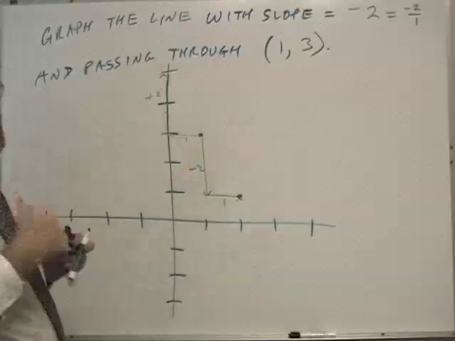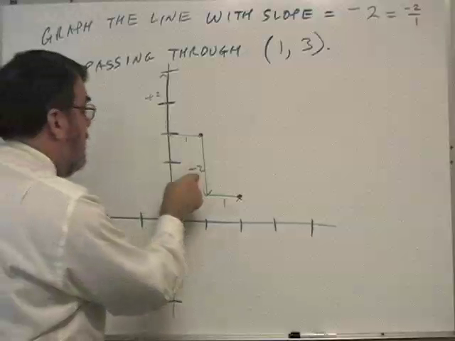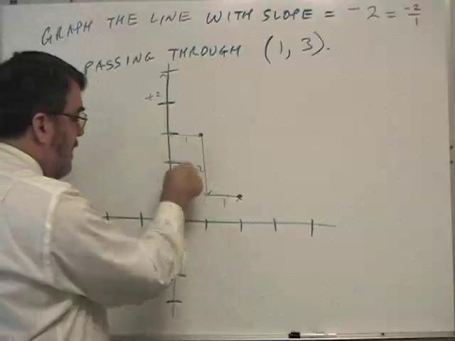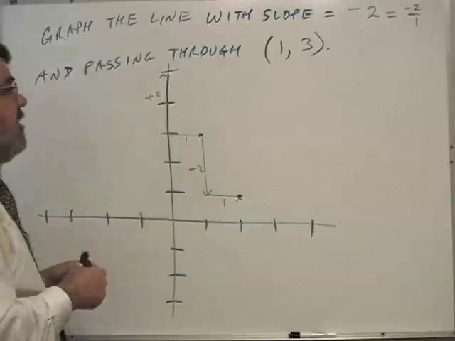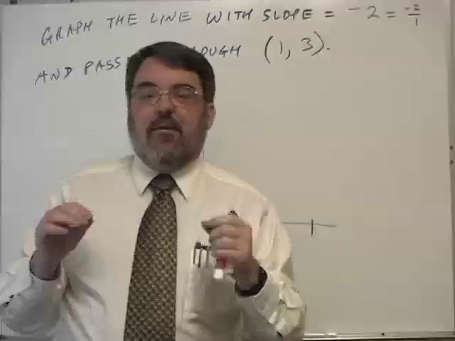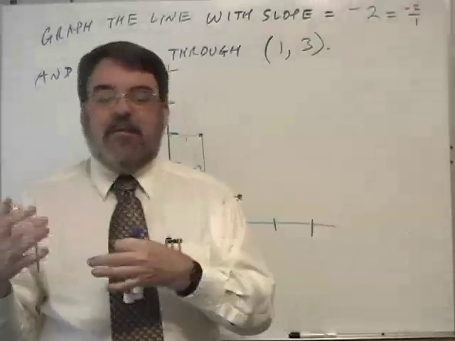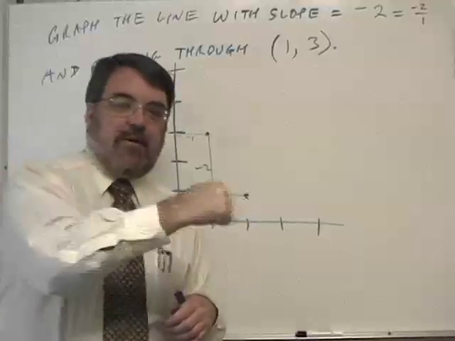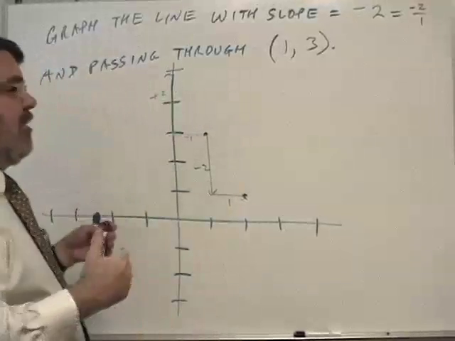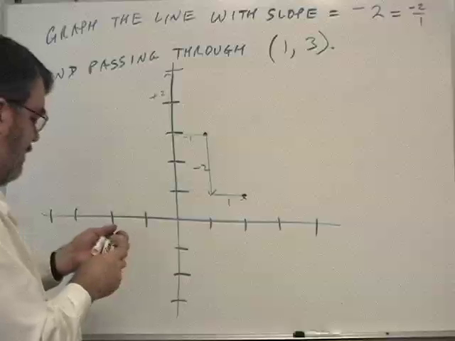Down 2, right 1, -2 over +1 is also -2. So you can use the slope to orient going to the right or to the left. Just be careful about that. Normally I like to think from left to right, but you can think right to left if you want to.